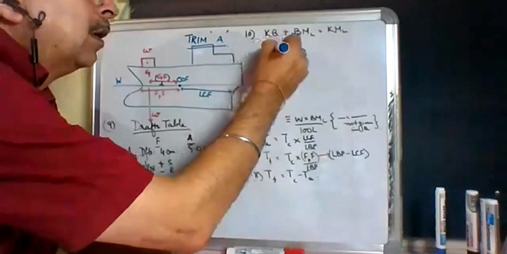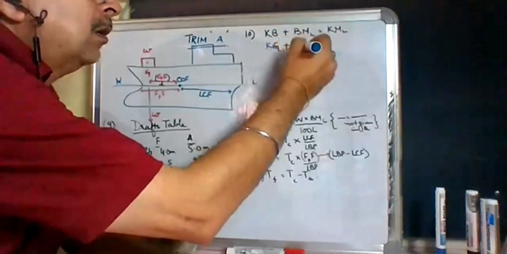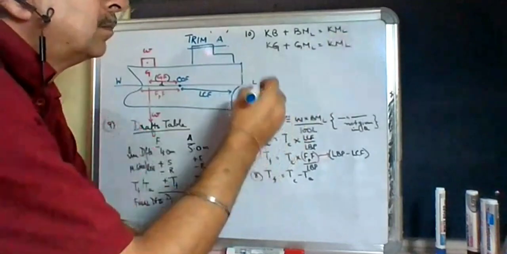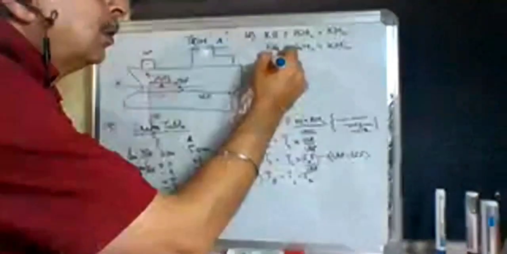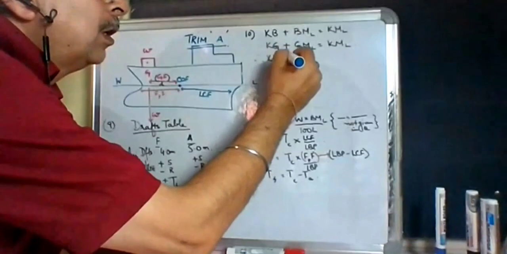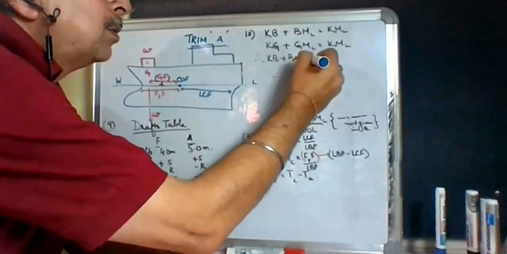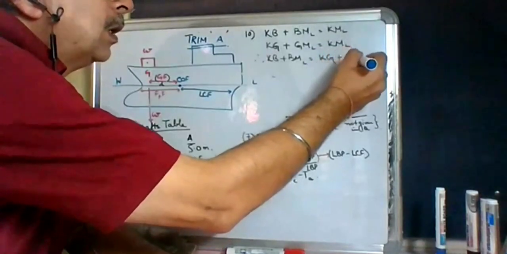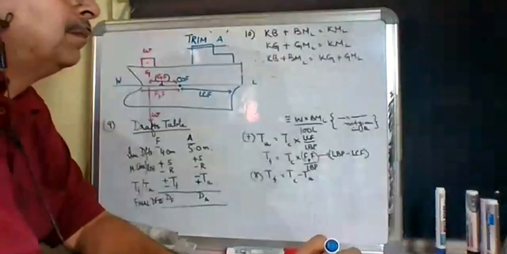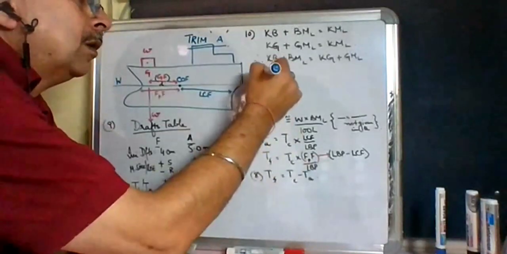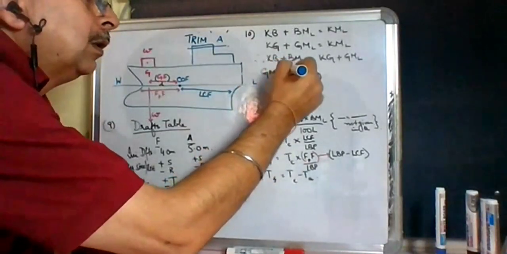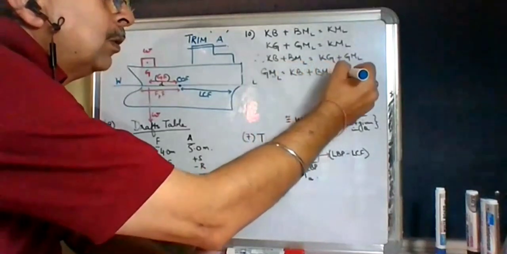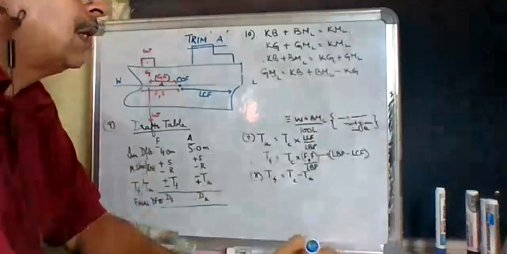Similarly, KG plus GML is also equal to KML. Therefore, KB plus BML is equal to KG plus GML. So GML is equal to KB plus BML minus KG.